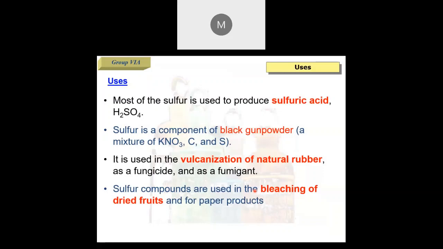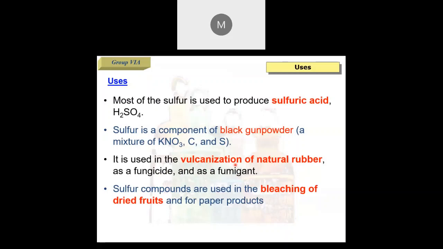Next, sulfur is a component of black gunpowder. It's a mixture of potassium nitrate, carbon, and sulfur. It is used in the vulcanization of natural rubber, as a fungicide and as a fumigant. It is very important in Malaysia. We know that we have natural rubber, and how do we improve the mechanical properties of the rubber?